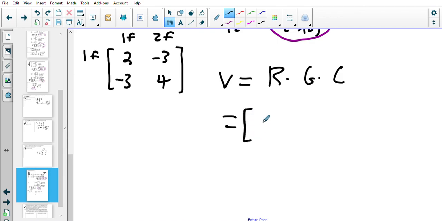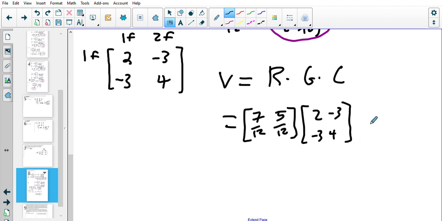That's our 7/12, 5/12, times the game, 2, -3, -3, 4, times the column, 7/12, 5/12, right?